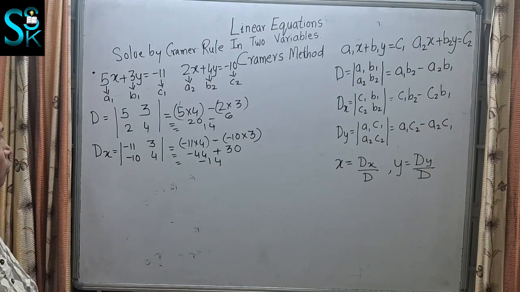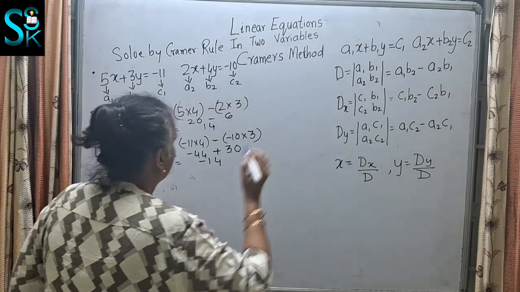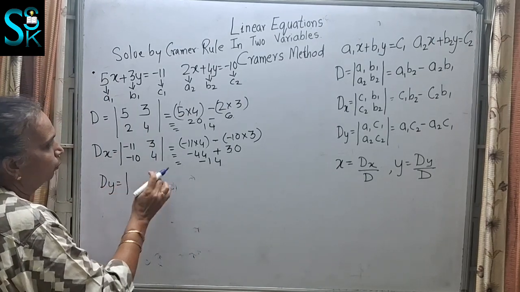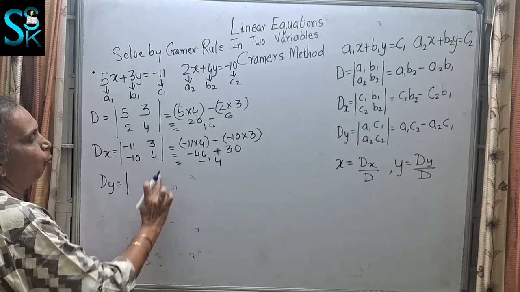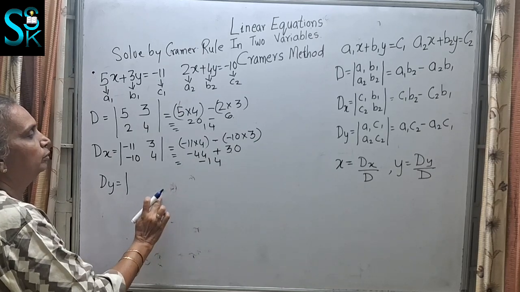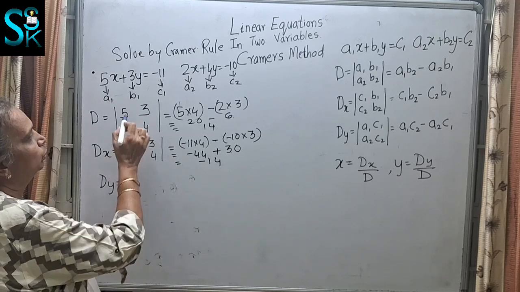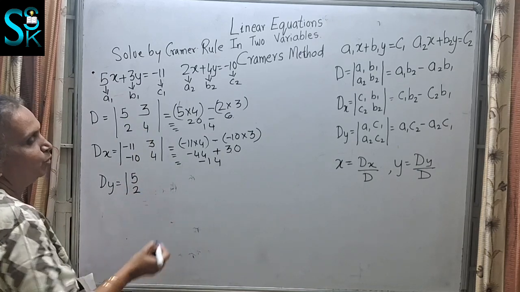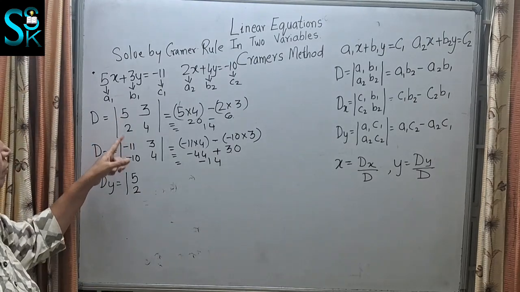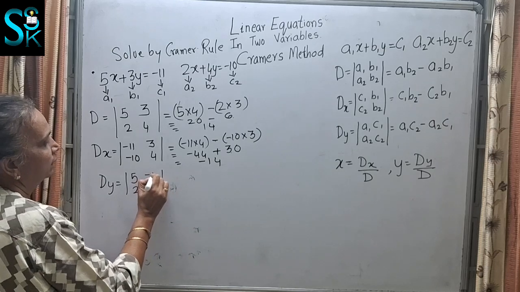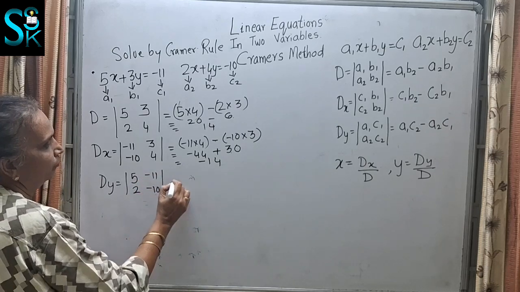Okay, so now we want to find dy. So dy, what did I say? You have to replace the y coefficients with c1 and c2. So the x coefficients will be 5 and 2 and y will be minus 11 and minus 10.